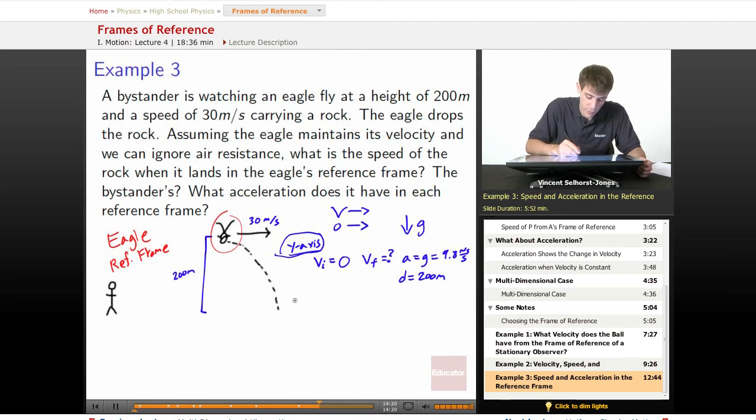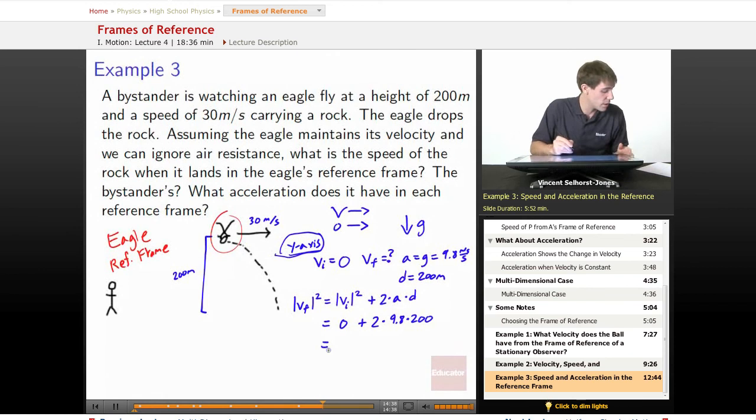Well, we've got this great formula. Vf squared equals Vi squared plus 2 times a times d, which equals 0 plus 2 times 9.8 times 200. We punch that into our calculator, and we get 3920.